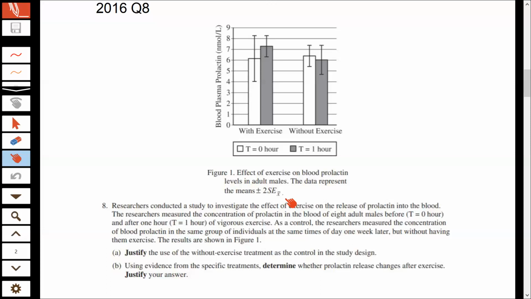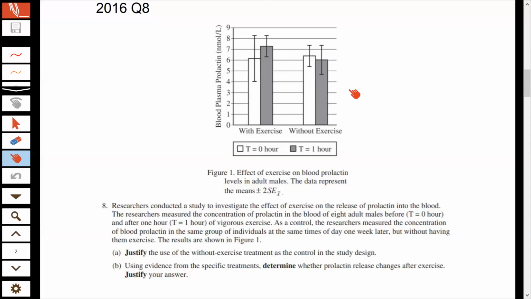So even if you exercise 0 hours, which is nothing, it's still up for some reason. But the thing we have to remember, and this is the trick of this question, is that all of this data is statistically the same. Because of the error bars, we cannot tell the difference between the data.